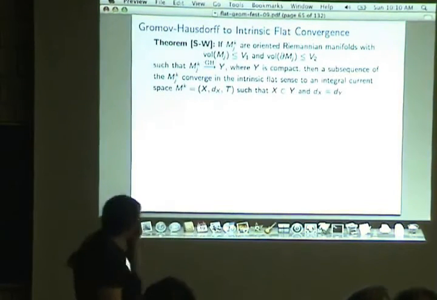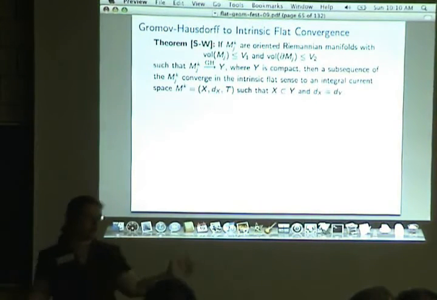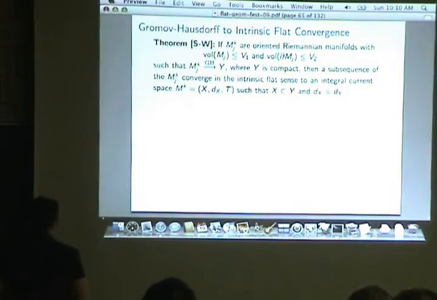Okay, so let's have some theorems. One of our first theorems is that if you have a sequence of oriented Riemannian manifolds, so let's go back to Riemannian, and the volume is bounded above, and the volume of the boundaries are bounded above, and the sequence converges in the Gromov Hausdorff sense. So we have that setting where we have Gromov Hausdorff convergence, and the limit is compact.